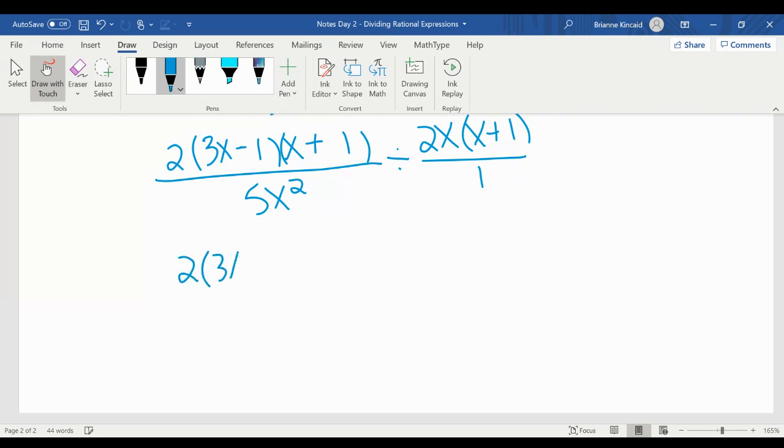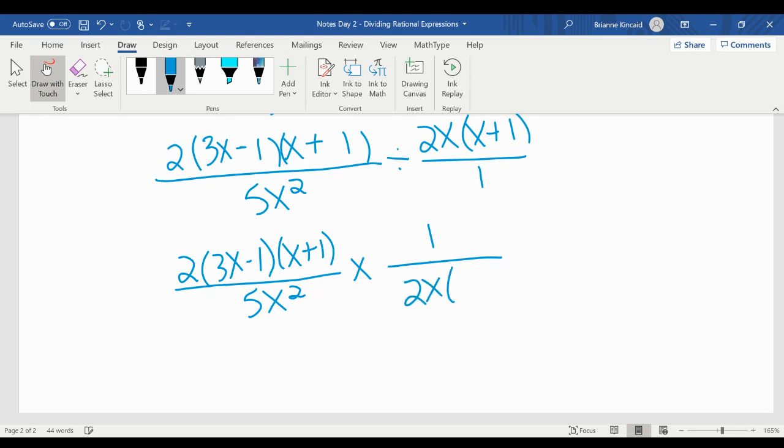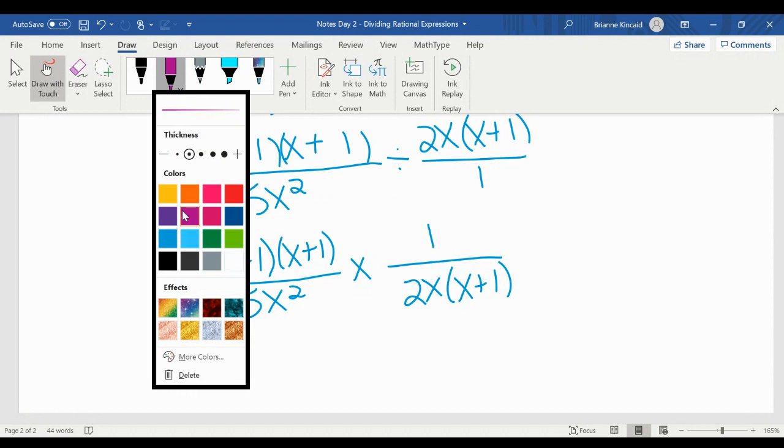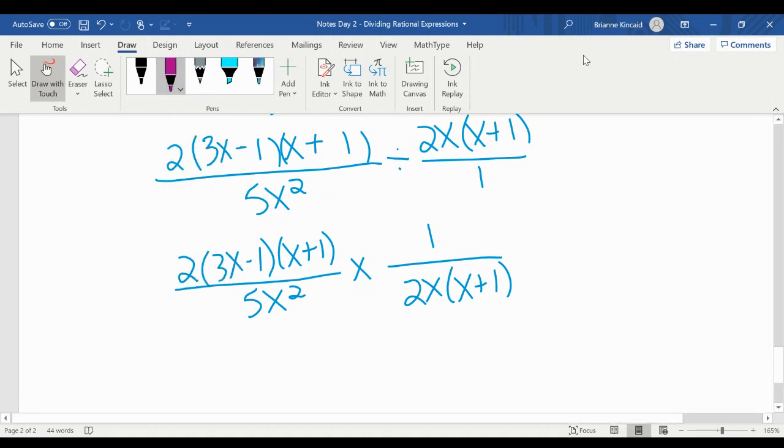Just rewrite the first fraction. Change to multiplication, and flip the second one. Once we are at the multiplication stage, we can create this as one big fraction.